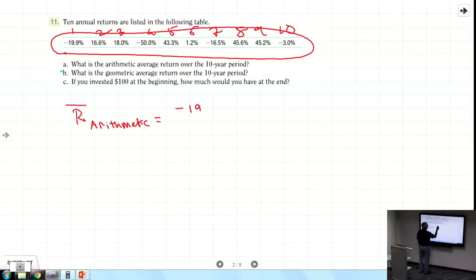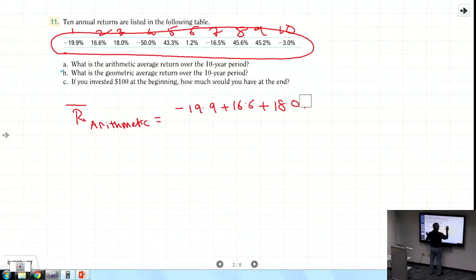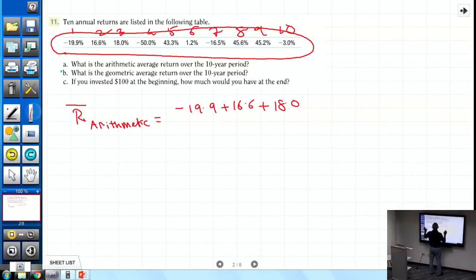It will be negative 19.9 plus 16.6. I can leave them as decimals. I don't have to leave them as percentages, and I don't have to convert them into decimals for the purposes of this problem.